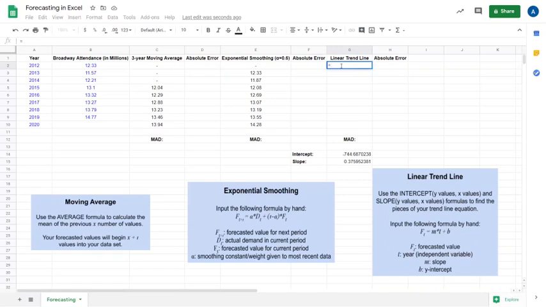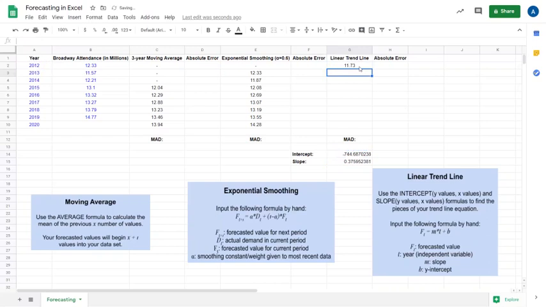So I hit enter. I'm going to take my slope. And because I want to keep using that slope throughout that whole column, I'm going to set it with some dollar signs. That means that I'll continue grabbing G15 every time I want the slope. I'm going to multiply that by 2012 and then add our intercept, which again, I want to keep referencing G14, so I'm going to put some dollar signs around it.